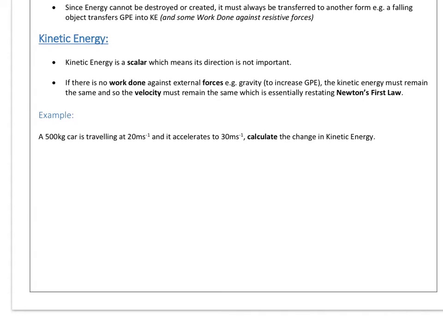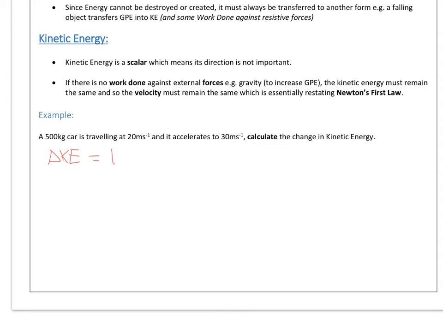So let's have a look at an example of using kinetic energy. A 500 kilogram car, a pretty typical mass of a small car, travelling at 20 meters per second accelerates to 30 meters per second. Calculate the change in kinetic energy. First of all, if we want to calculate the change in kinetic energy, I'll usually abbreviate that to delta KE.